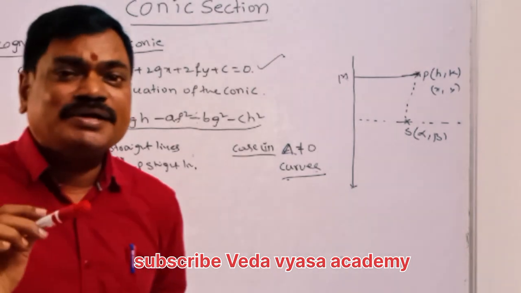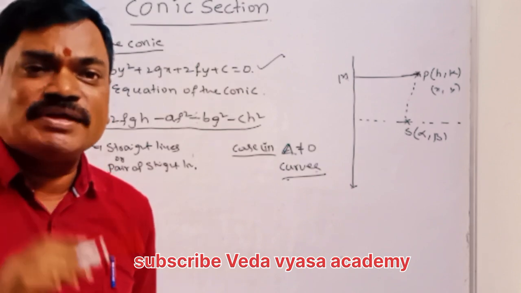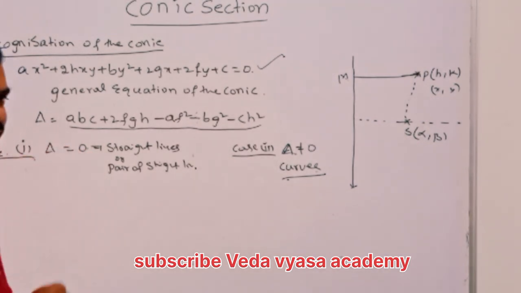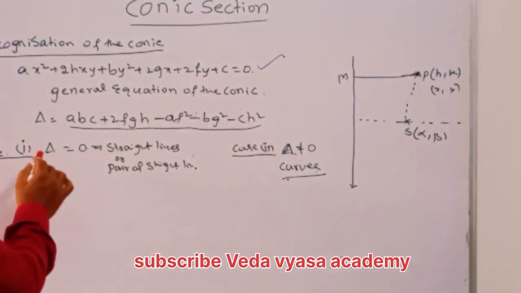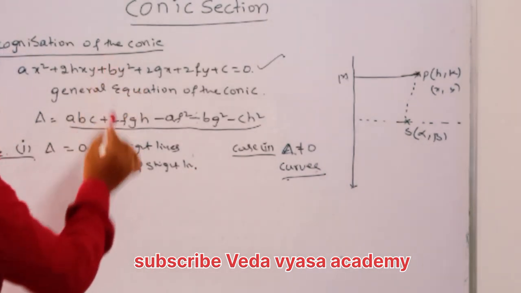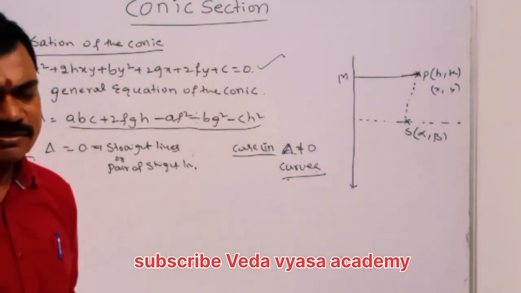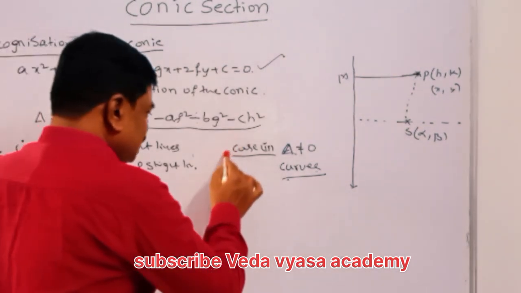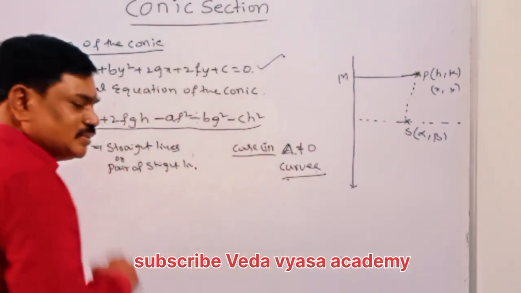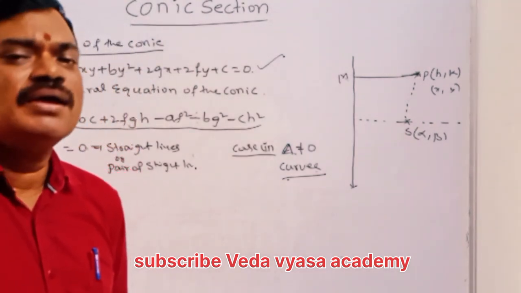The discriminant decides whether it is a straight line or a curve. The discriminant is represented by delta. If delta is equal to 0, this conic section represents the straight lines or pair of straight lines. And if delta not equal to 0, then the equation of the conic section represents the curves.